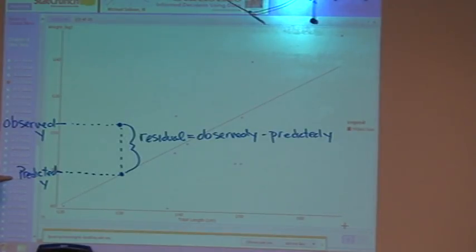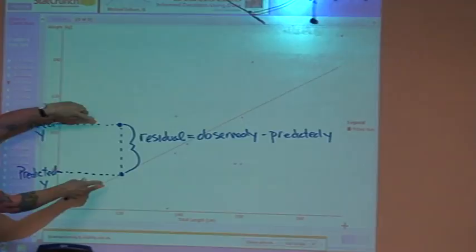Now, any value that's larger on the y-axis is going to be above, right? So if you go observed y minus predicted y, that's going to be a positive value. Do you agree? Because this number is going to be bigger than that number. Does that make sense? So that's going to be a positive residual.